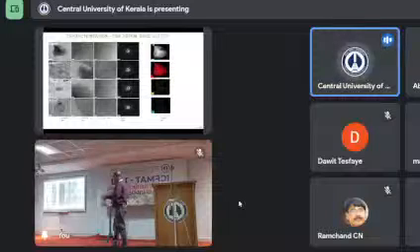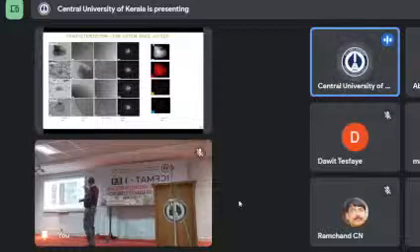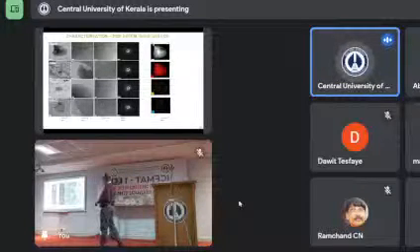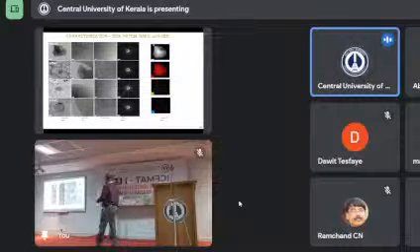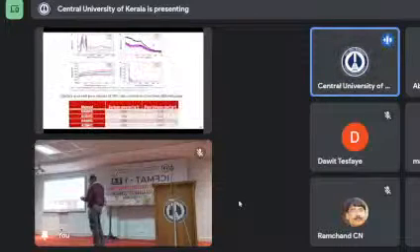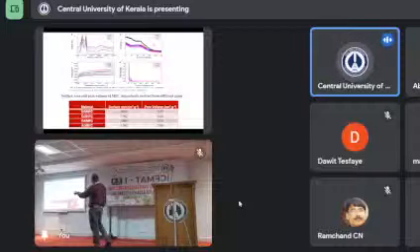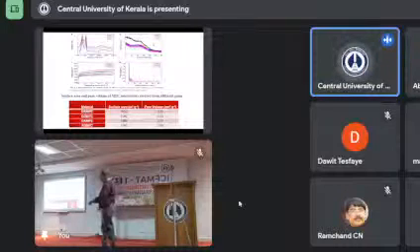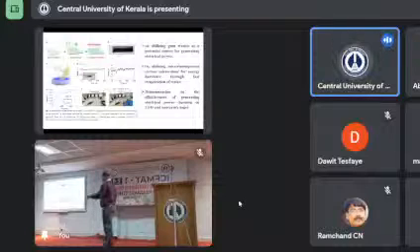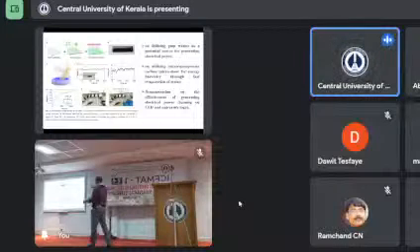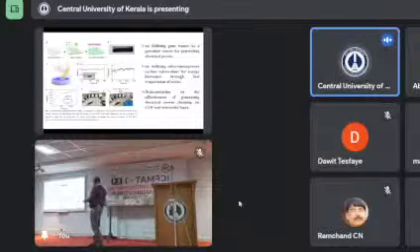This is a picture from TEM and HRTEM analysis of the carbon particles and microstructures. And this is the surface area and pore volume of these carbon materials. Then we make it into a form to make an electrode material.